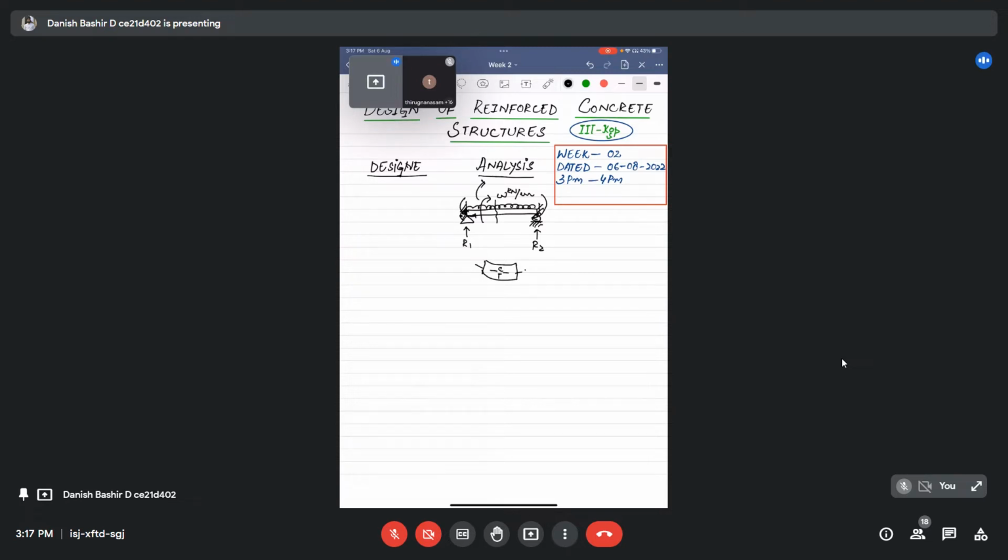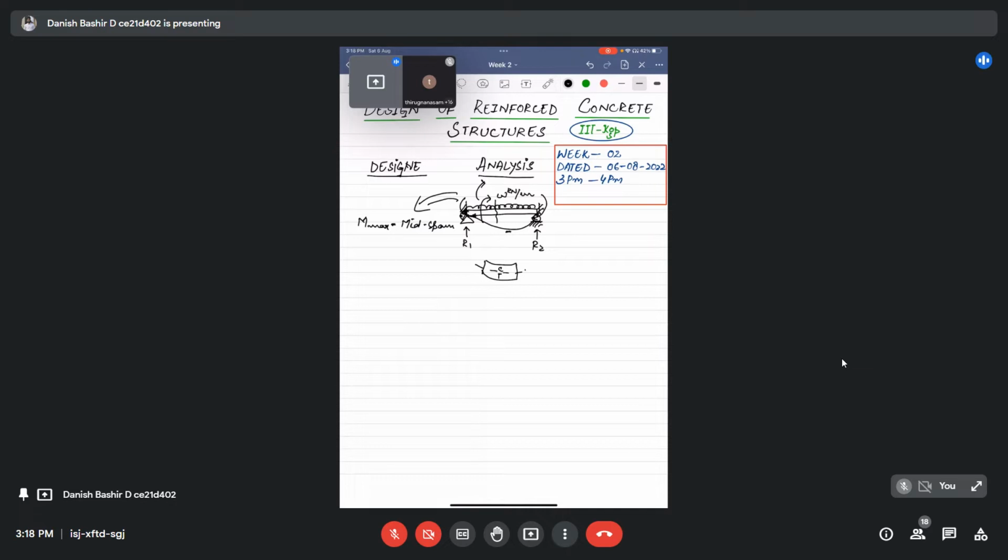Now the design part of this is, for example, now we know what moment will be coming on this beam. From the analysis part, we took the inputs: our simply supported beam is subject to a bending moment, and the maximum bending moment comes at the mid span. We took those inputs, and from those inputs, we do the design of the same beam.